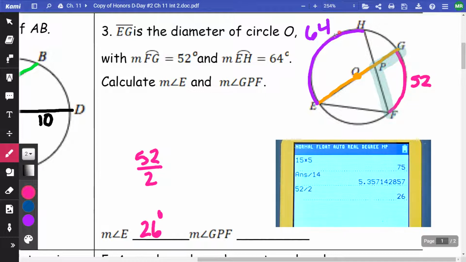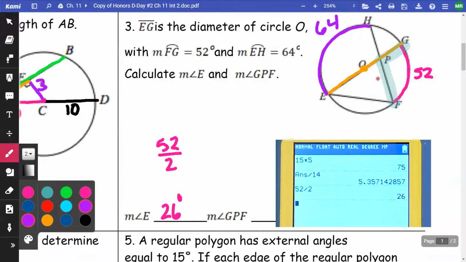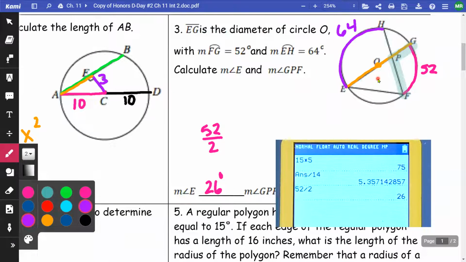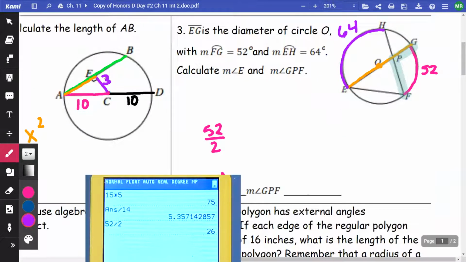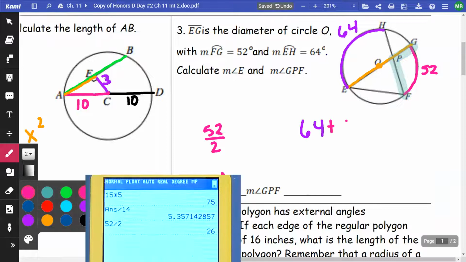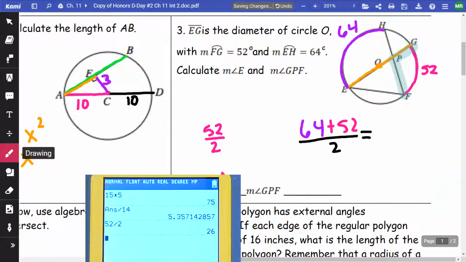And so the arcs that are formed, 64 and 52, if you average those, add them together, divide by 2, you'll get this angle here, GPF. So I am going to take 64 plus 52. I'm going to divide it by 2, and that's going to give me my answer.